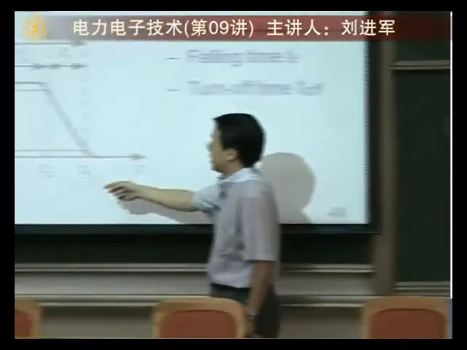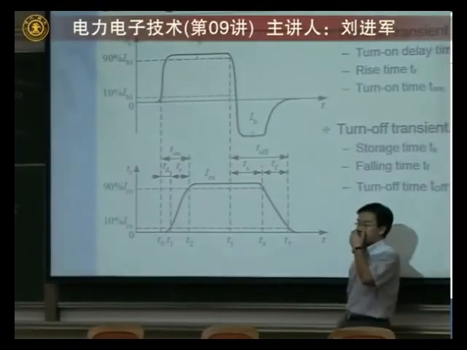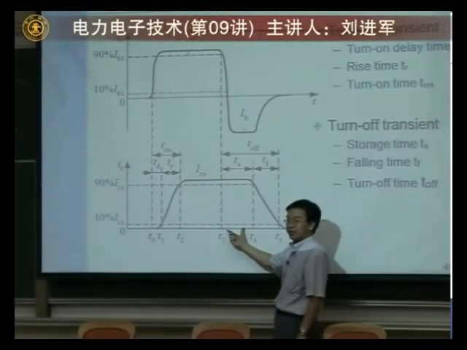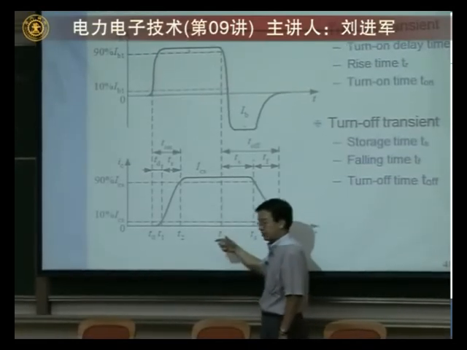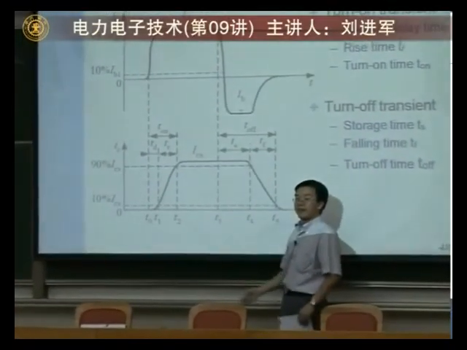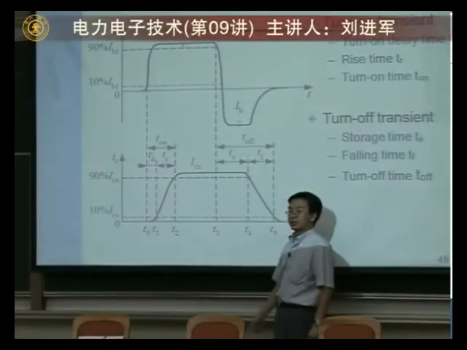Okay. Are you sure? Not so sure. Well, I cannot see. From these two pictures, this picture and the picture about GTO, I cannot see whether this is longer or not, because I didn't label the exact numbers of time.